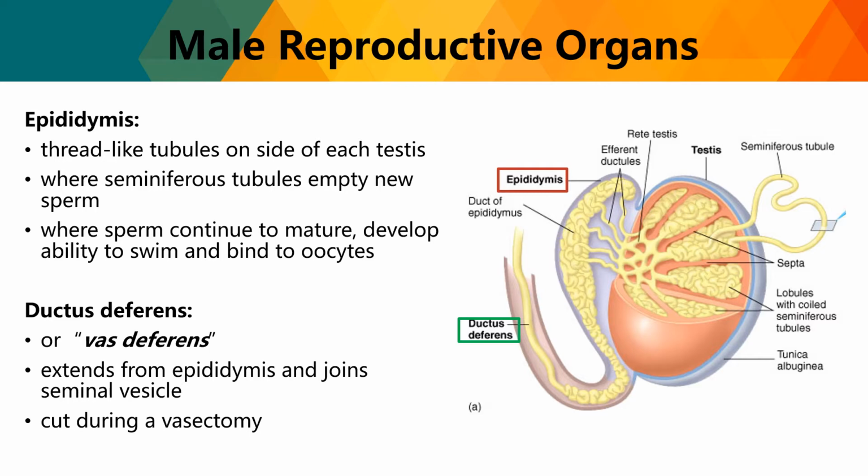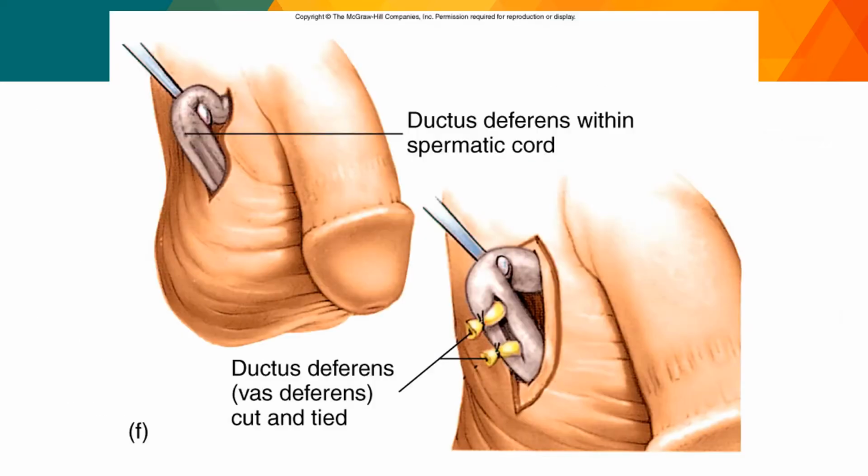Again, remember that the sperm cells are made in the seminiferous tubules, but the maturity of these cells happens in the epididymis part of your male reproductive system. This is what's being done during vasectomy.